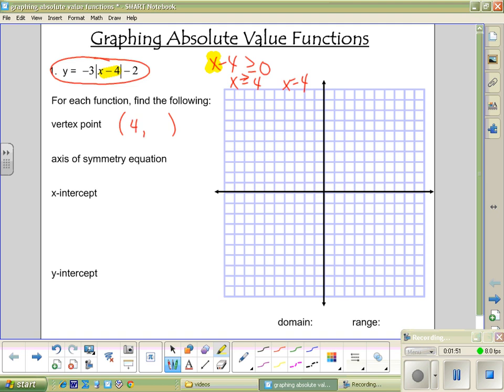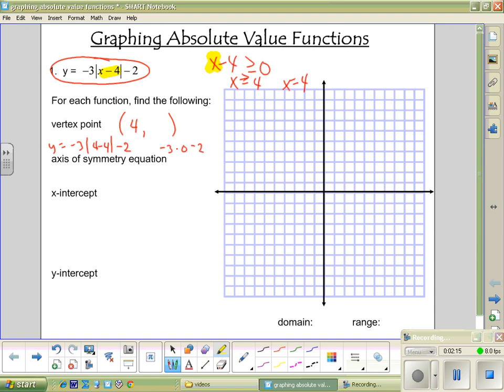All right. Well, what is that something going to be? The way I find it is I plug it right back into my equation. So I have y equals -3 times the absolute value of 4 minus 4, minus 2. 4 minus 4 is 0, so I end up having -3 times the absolute value of 0, which is 0, minus 2.